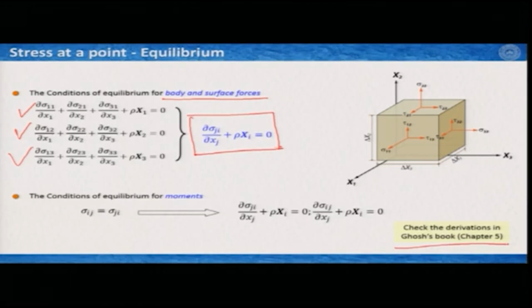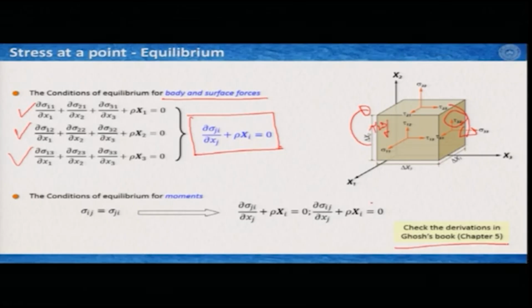And if this is not rotating, that means it is not rotating this way, say for example clockwise. Therefore, this tau 3 2 has to be counterbalanced on the other side by tau 2 3. And we can show that in an equilibrium condition this is possible. That is the only condition that it does not rotate.